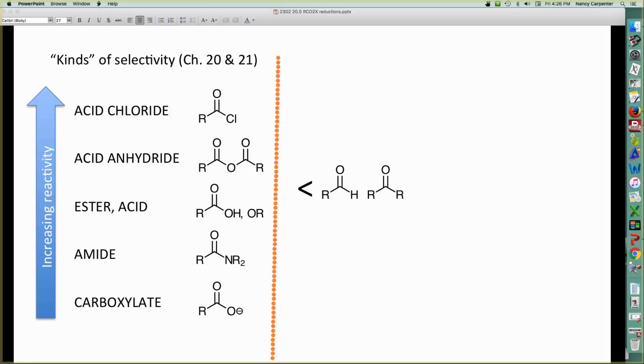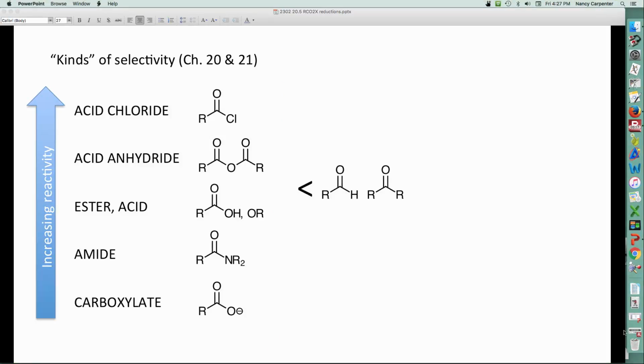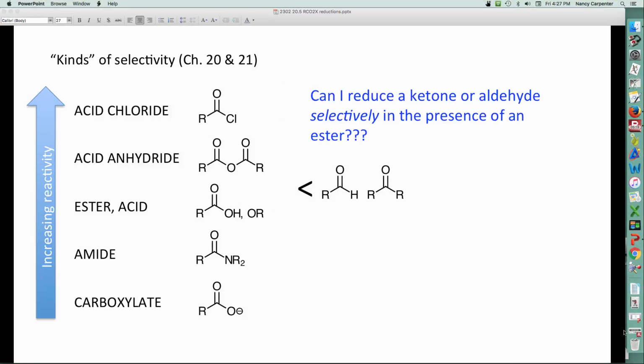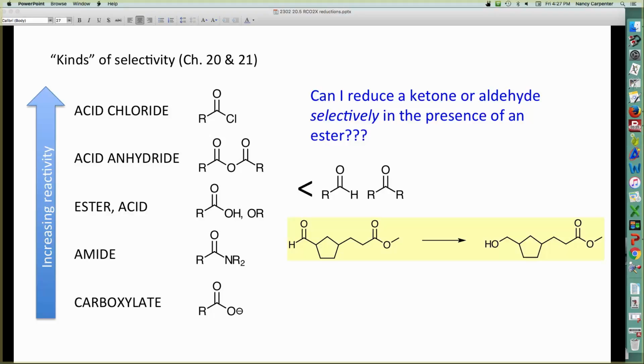Okay, so the two kinds of selectivity start with this question. Can I reduce a ketone or an aldehyde selectively in the presence of an ester? So based on what I just said, that aldehydes and ketones are lots more reactive than an ester, for example, this should be easily done.